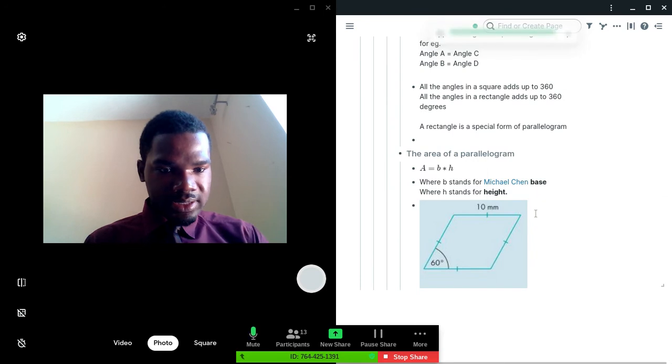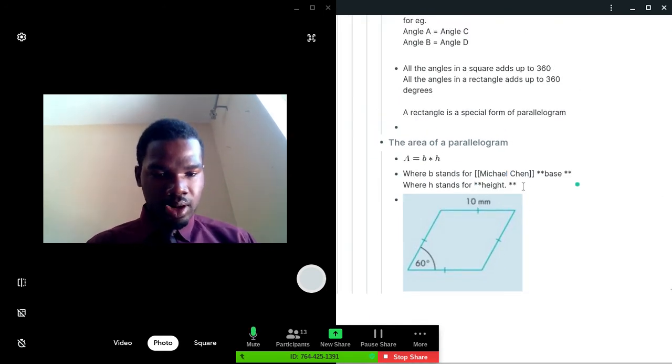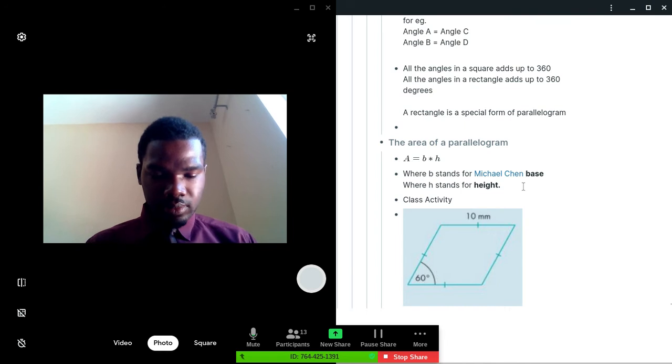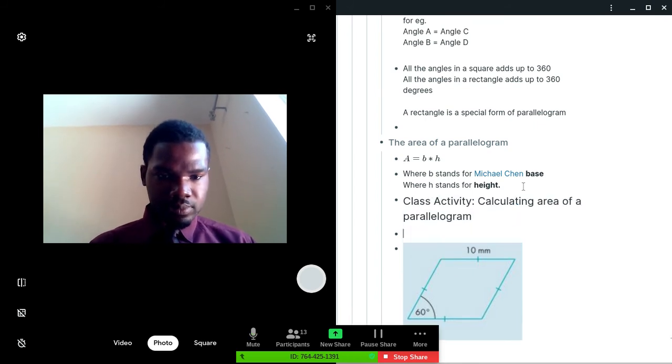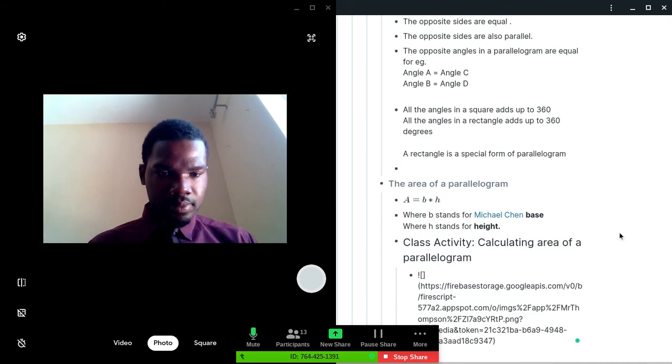Does everybody see the diagram? Yes, sir. Alright, we're going to have to calculate it. So put this for me. Class activity. Calculating area of a parallelogram. Okay.